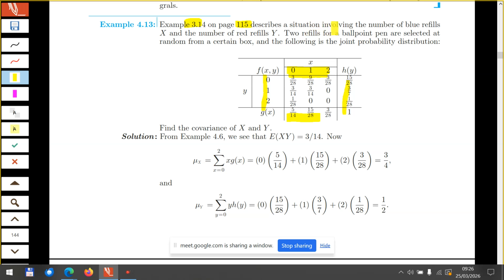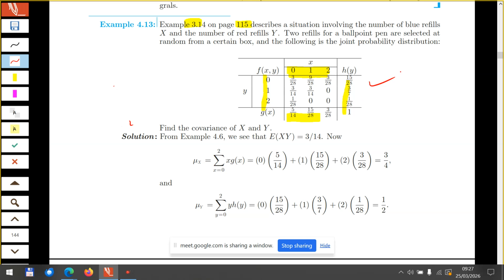It describes a situation involving the number of blue refills x and the number of red refills y. Two refills for a ballpoint pen are selected at random from a certain box. I remember the distribution was something like this, something like 2 from 8. I can't remember the exact formula, but this thing was given.